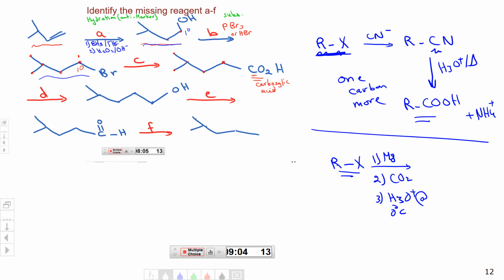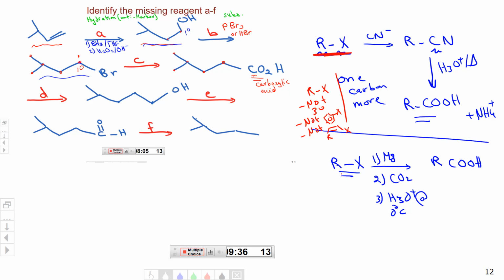The Grignard is going to attack the CO2 to change it to carboxylic acid, and it is one carbon more than the alkyl halide. Now the difference between the two is that the cyanide method has a limitation, that the alkyl halide shouldn't be tertiary, not phenyl, not vinyl, that we just listed minutes ago.